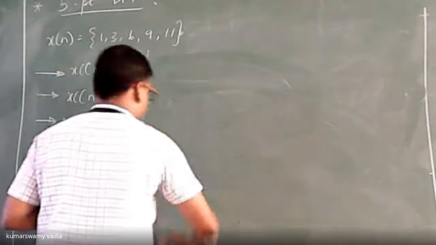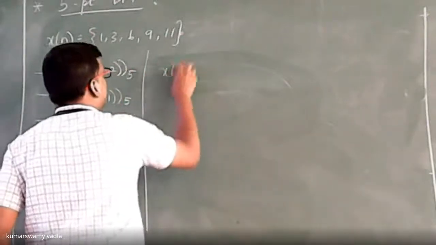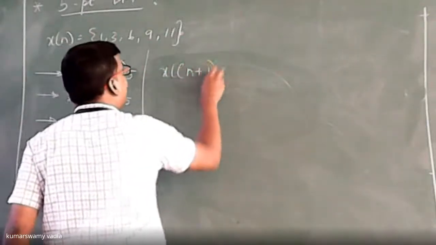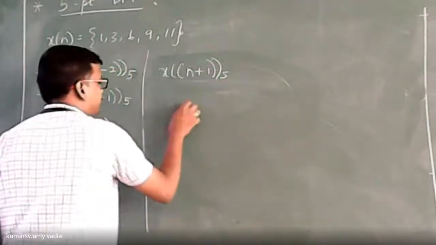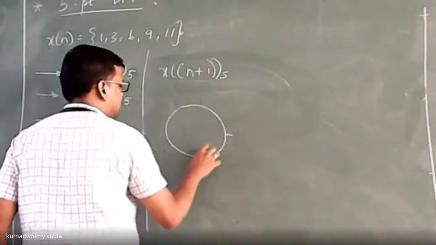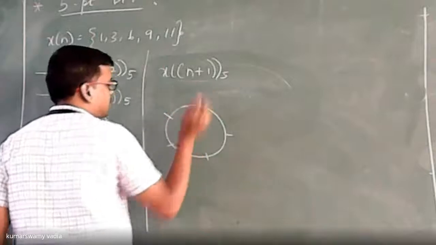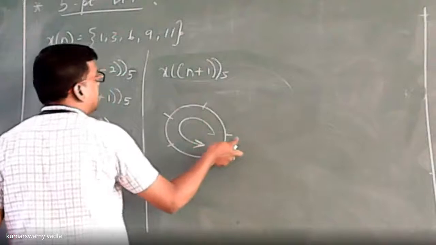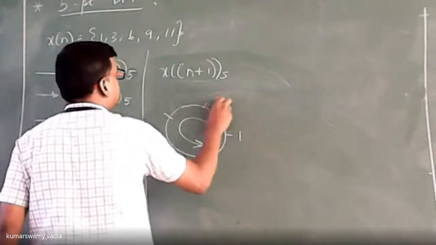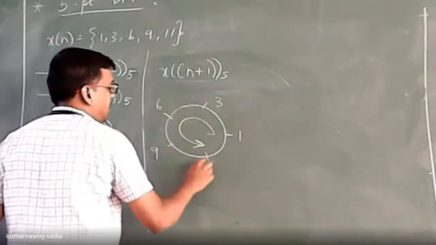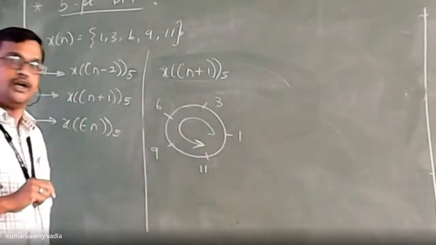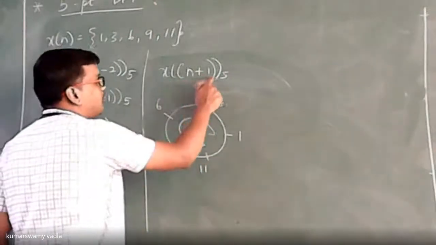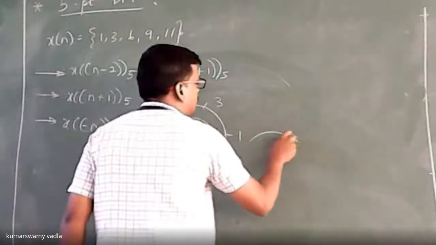No. To get x of n plus 1 of 5, first draw the question, that is from anti-clockwise direction. What is that? 1, 3, 6, 9, 11. To represent n plus 1 of 5, what do you need to do?